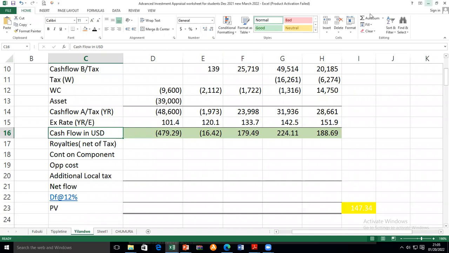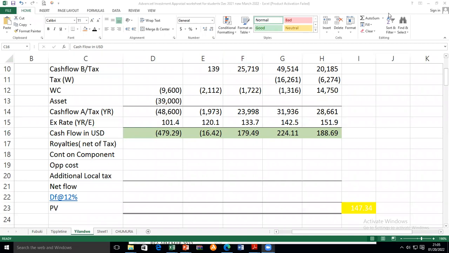So in the USA, what do we do? We ask the question, are there any relevant project cash flows in USA? That's the question you address.